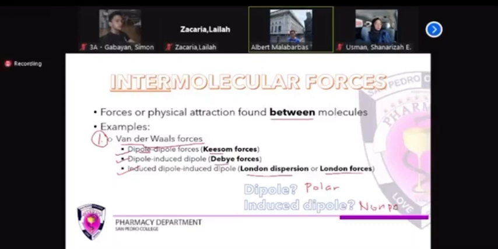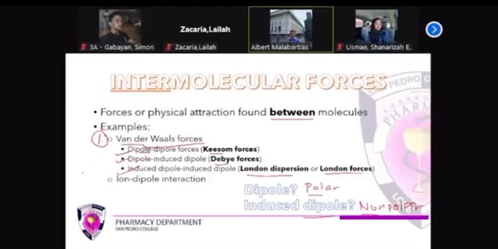Therefore, to proceed with intermolecular forces, you should first understand the previous topic about polar covalent and non-polar covalent bonds. Again, dipole is polar, induced dipole is non-polar. Therefore, dipole-dipole forces is a polar molecule attracted to another polar molecule.